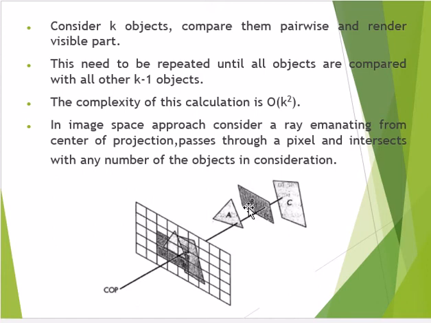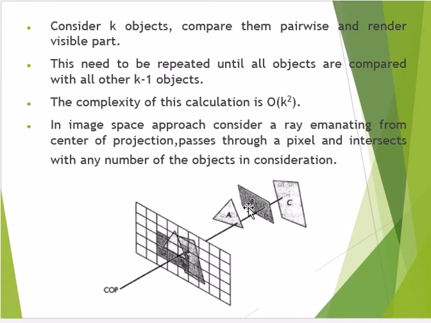The first intersection is the first visible object. If there is any other intersection with some other polygon, then that is going to be the hidden object in the scene or image.